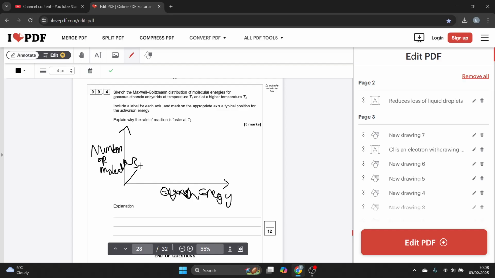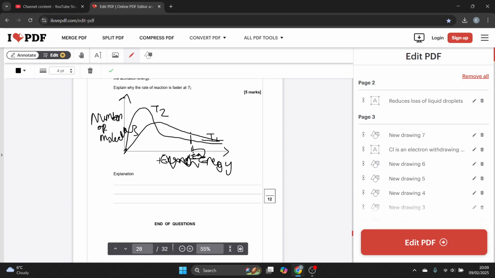So the normal one is just going to look something like this, and this is going to be the activation energy, EA, and that is going to be T1. At high temperature T2, what happens is that when it goes like this, then it goes like that and that, something like that. Eventually they'll come together, so that's T2. Number of molecules, energy, label activation energy here, that's T1, that's T2.